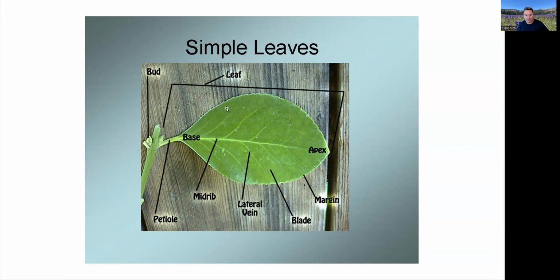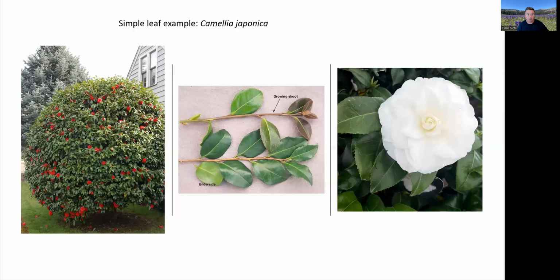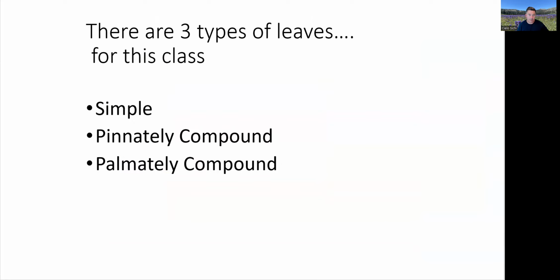We've got the blade itself. We've got the margin, the tip or apex, the base, the midrib, and then lateral veins. Okay. Now, an example of a simple leaf, remember, 3 types of leaves in this class: simple, pinnately compound, and palmately compound for our dicot angiosperms.